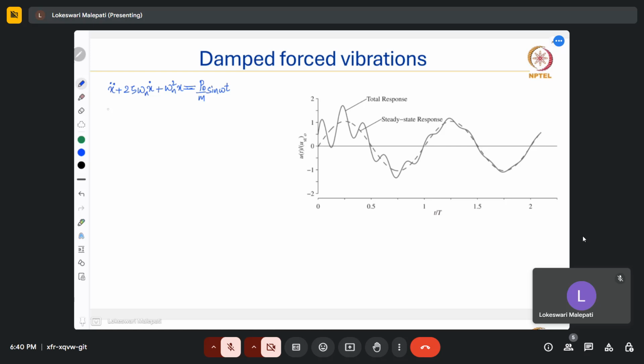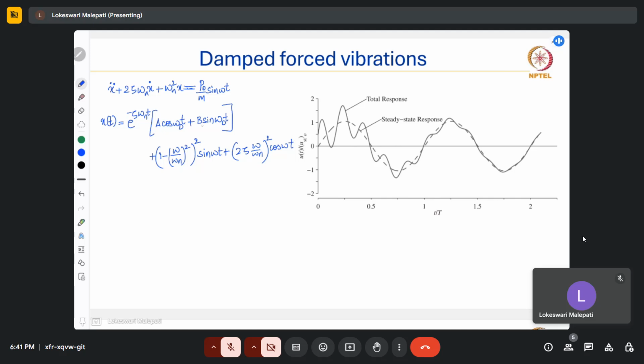So the whole solution for this will be a cos omega d t plus b sin omega d t, plus 1 minus omega by omega n the whole square, sine omega t, plus 2 zeta omega by omega n, the whole square, cos omega t.